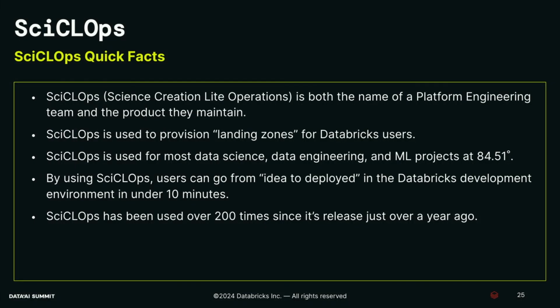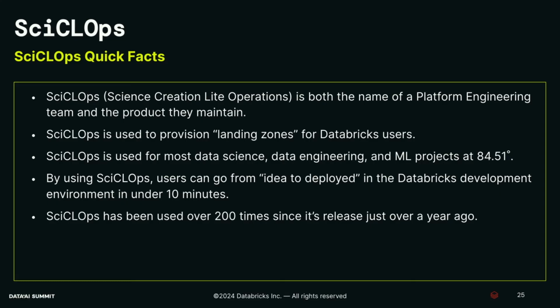So a couple quick facts about Cyclops. I'm going to use it a little interchangeably to describe both a platform engineering team that we have at 8451 supporting Databricks, as well as the name of a product that team maintains. And it's used to provision landing zones in Databricks, meaning you have an idea that you'd like to take to Databricks to try out, whether it be ML related, data engineering related, or ad hoc data science.